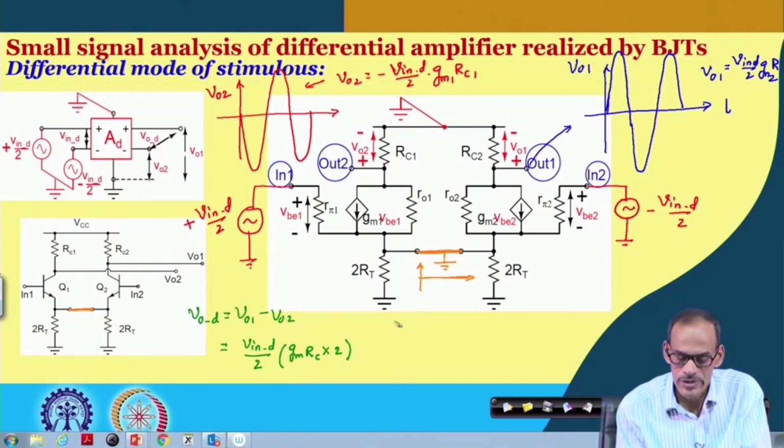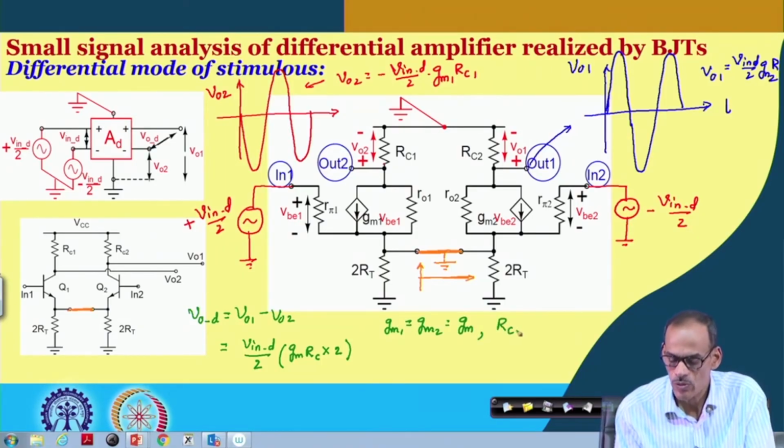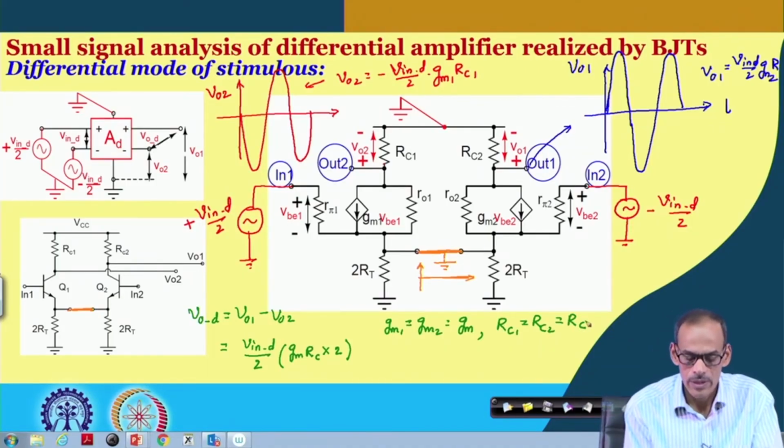and here we have assumed that GM1 equals GM2 equals GM, and RC1 equals RC2 equals RC. So this 2 and this 2 get cancelled.